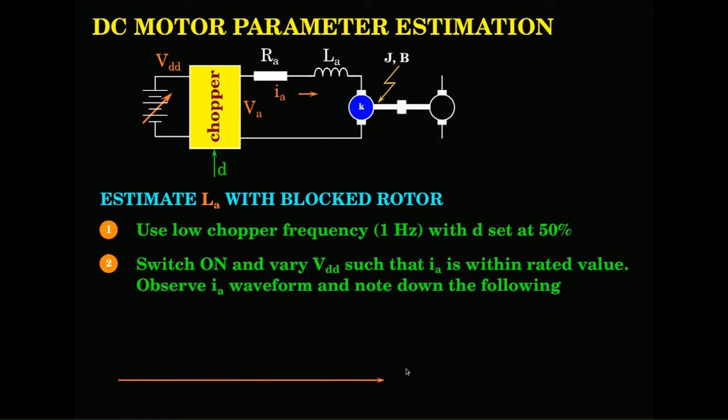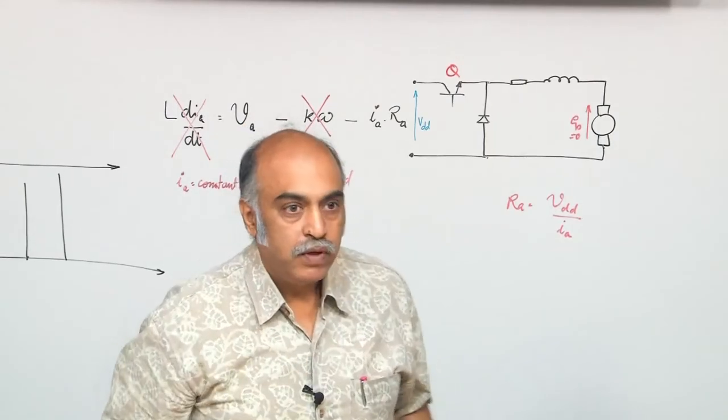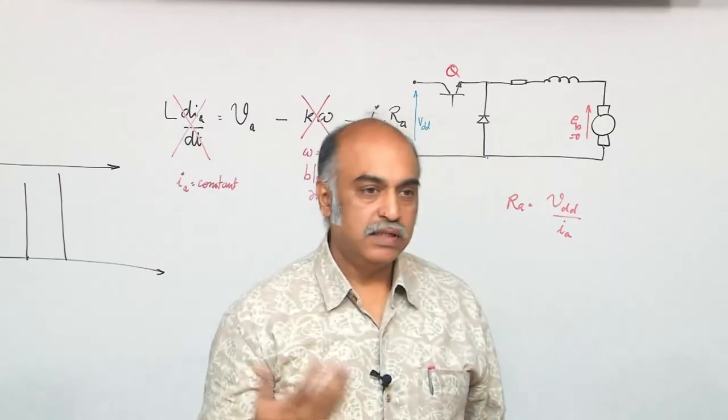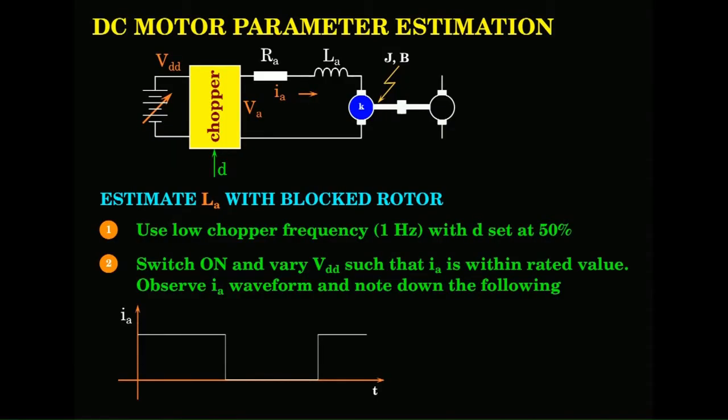Let us say I plot the graph versus time T and IA. And the duty cycle, give it in this fashion. Give a high duty cycle where Q is on, the chopper is on, for sufficient time, that is why I said 1 hertz, in the order of seconds, when it would have reached steady state.